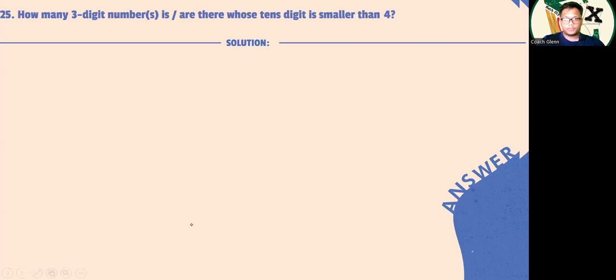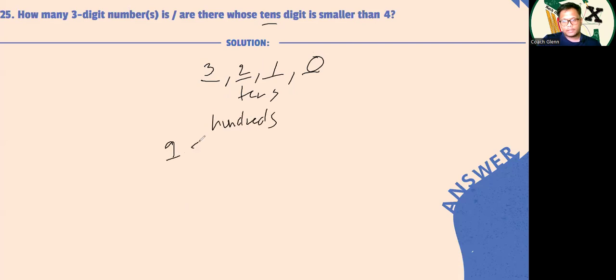So the first thing that we can do here is our tens digit is smaller than 4. Okay, so that means the number in our tens digit is 3, 2, and then 1, and then also 0. Okay, so that's the possible tens digit. Okay, for the hundreds digits, so our hundreds could be 9, 8, 7, 6, 5, 4, 3, 2, 1.